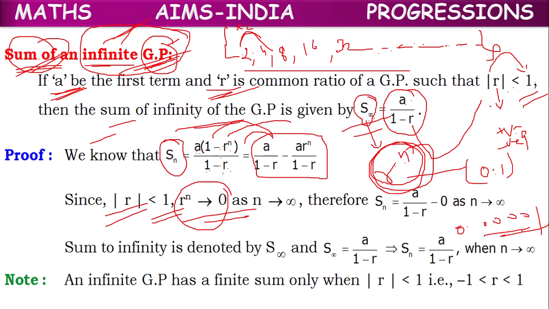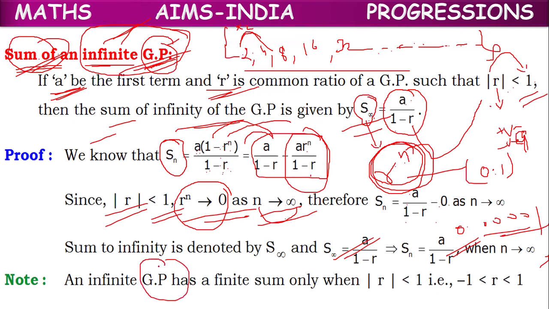When n is a normal number like 9, it is very small compared to 1, but if n is infinity, then definitely it will reach 0. Therefore, as r power n is 0, the second part will become 0, and we will have a by 1 minus r minus 0, which is equal to a by 1 minus r. So this is the formula for the sum of infinite terms of a GP.